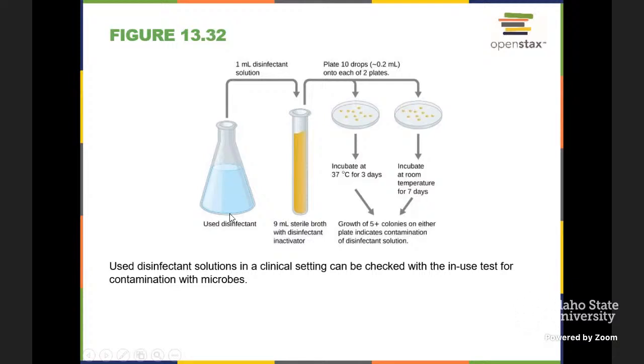So here's our disinfectant, and they add some of the disinfectant to some broth that has, I don't know what it's got in there, but it's got something that's supposed to inactivate the disinfectant. All right. So what we're really looking at here, we could have our squirt bottles that oftentimes don't squirt.